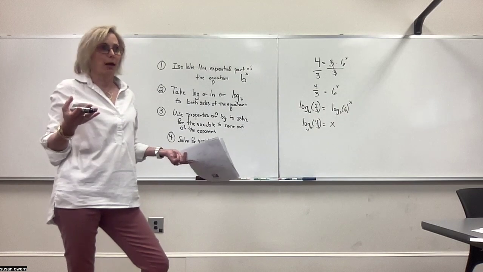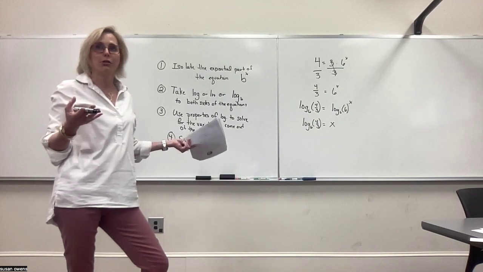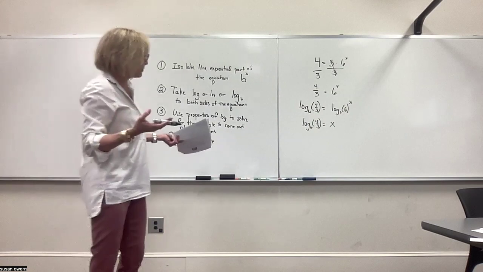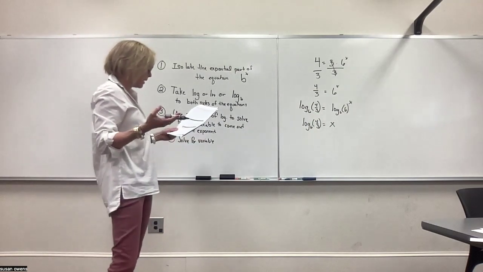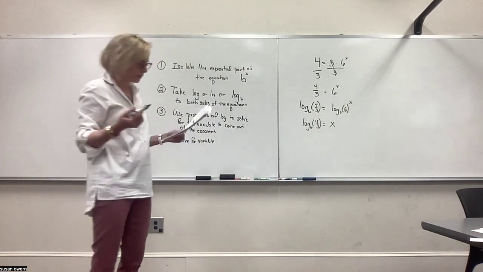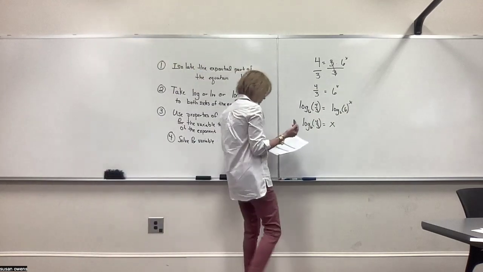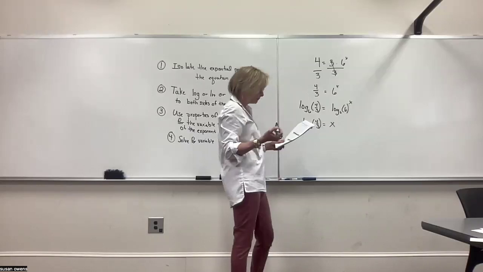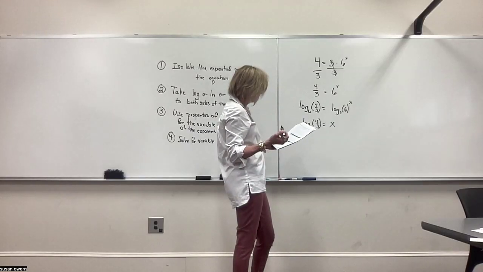If it says round to a decimal place, you put that into your calculator and get the answer, which would be what? Negative. You got a negative?